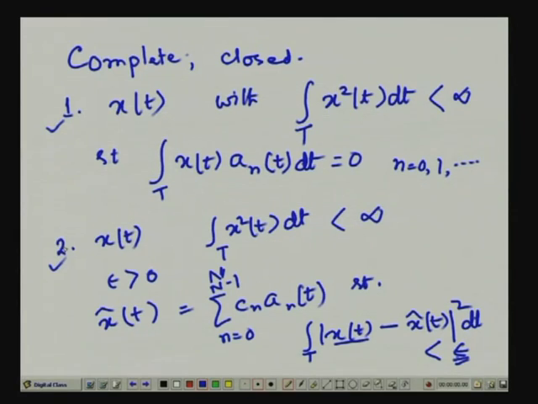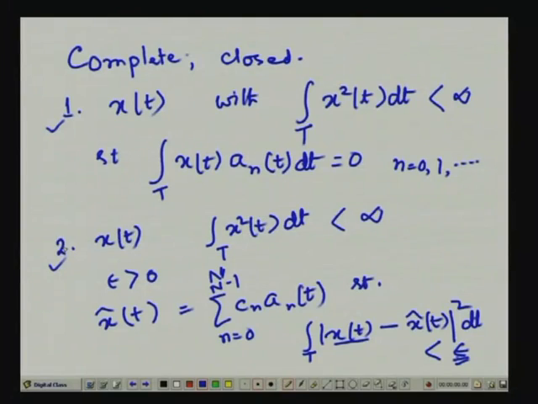So, this says that when we have a complete orthogonal function set, then this complete orthogonal function expansion enables representation of x(t) by a finite set of coefficients, where the finite set of coefficients are C_0, C_1 up to C_(N-1).